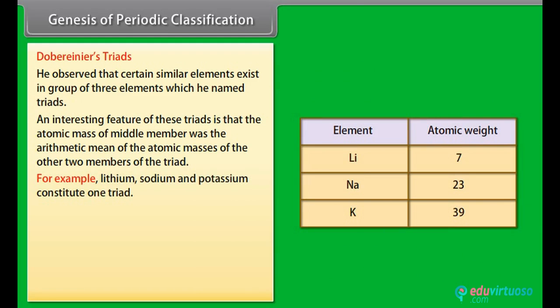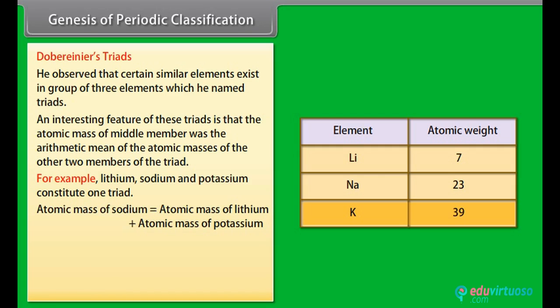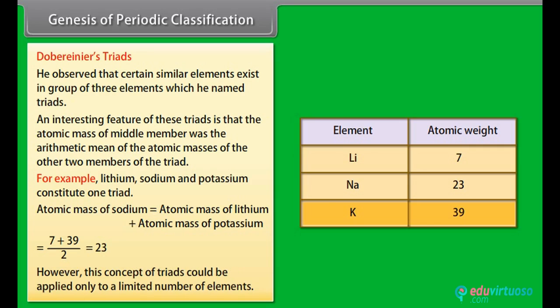For example, lithium, sodium and potassium constitute one triad. Atomic mass of sodium is equal to (atomic mass of lithium plus atomic mass of potassium) divided by 2, which is (7 + 39)/2 = 23. However, this concept of triads could be applied only to a limited number of elements.